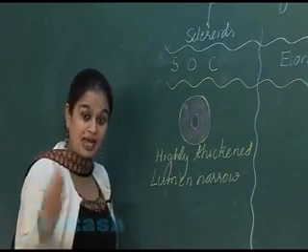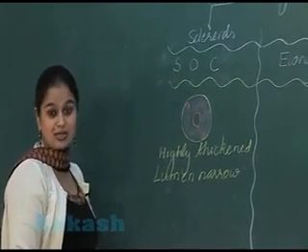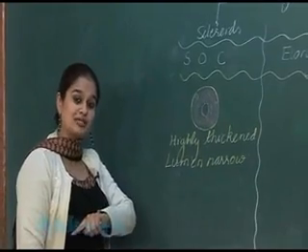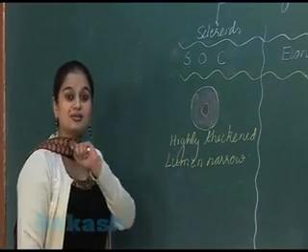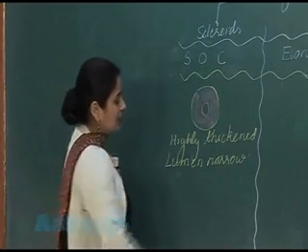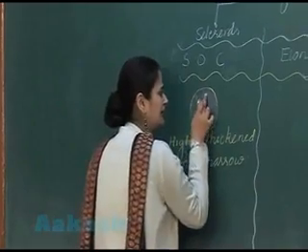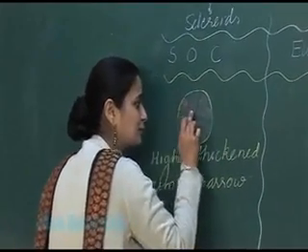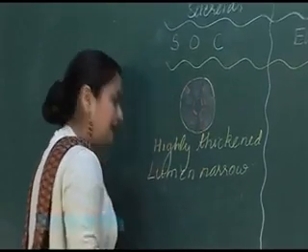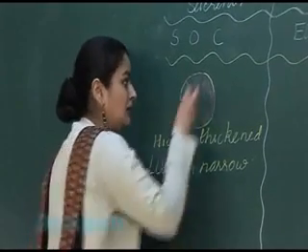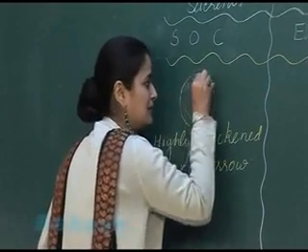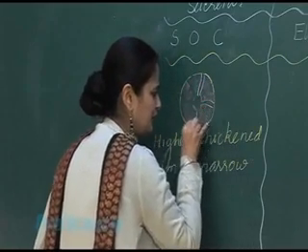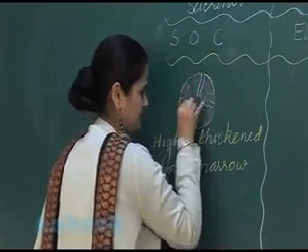As we have already discussed in the earlier classes, the thickenings associated with the sclerenchyma are of lignin. Now in certain areas, the thickening is absent. कुछ जगह पर thickening absent होगी. जिन जगह पर thickenings absent है, these areas are going to be known as pits.